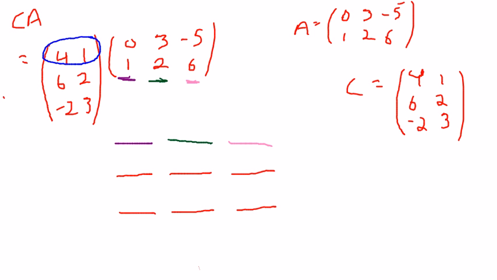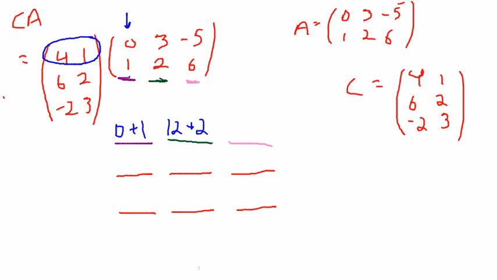Alright, now, color, we'll stick with red. So I do 4, 1 times, actually I'm going to do blue. So I do 4, 1 times this. That gives me 4 times 0 plus 1 times 1, which is just 0 plus 1. Then I do 4 times 3, so this is the blue row times the green column. 4 times 3, which is 12, and then 1 times 2, so plus 2.